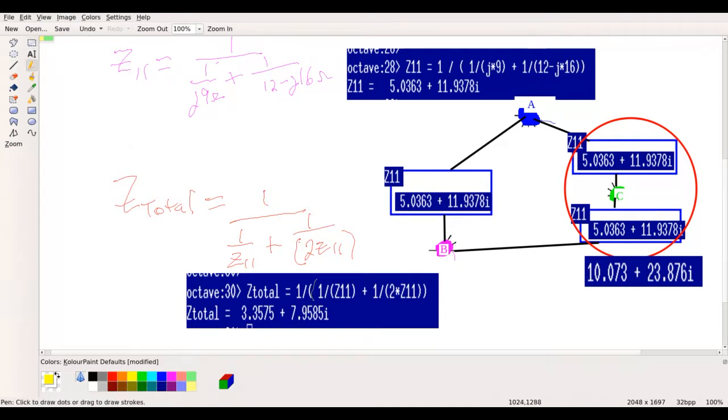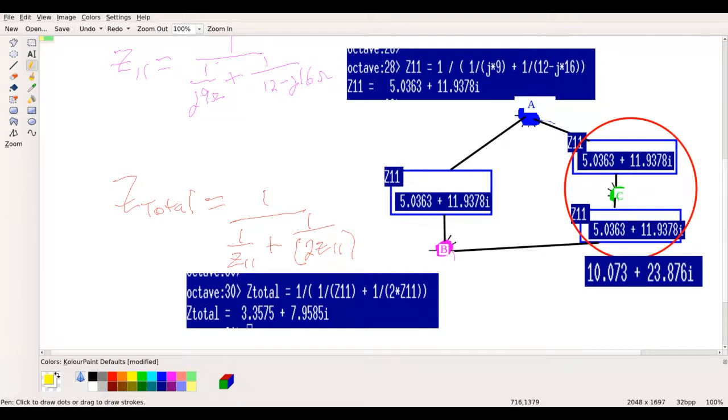So this whole thing, we have 1 over Z1 plus 1 over 2 times Z1. But notice the parentheses. If you don't have your parentheses correct, now I put parentheses right here, but I could have lived without those. But here where we're doing 2 times Z1, if you don't have the parentheses, you're going to have the wrong answer.